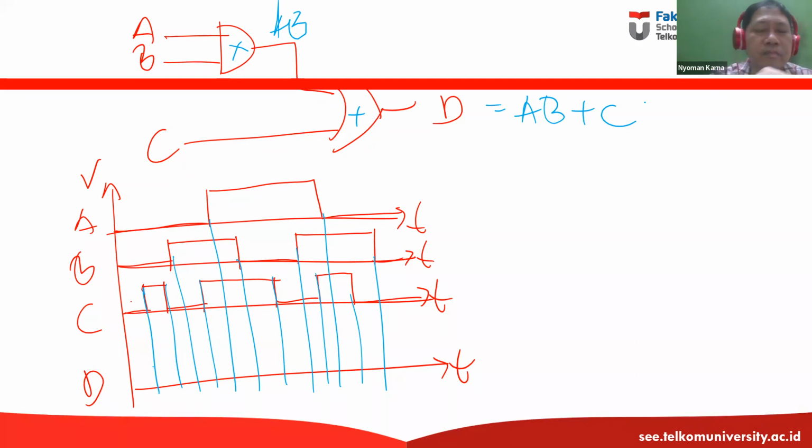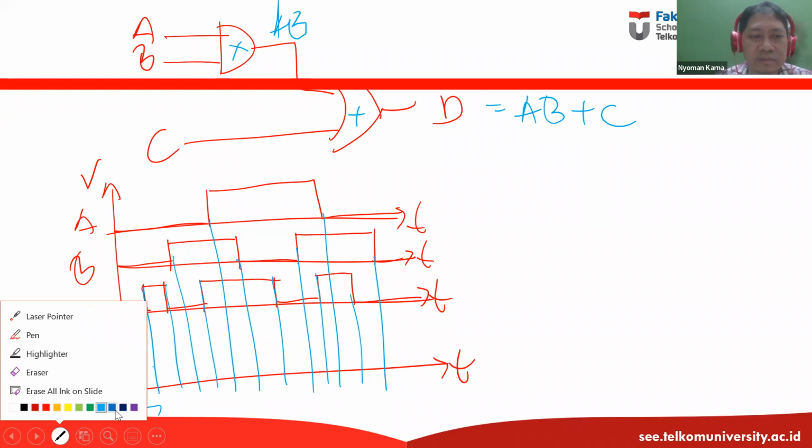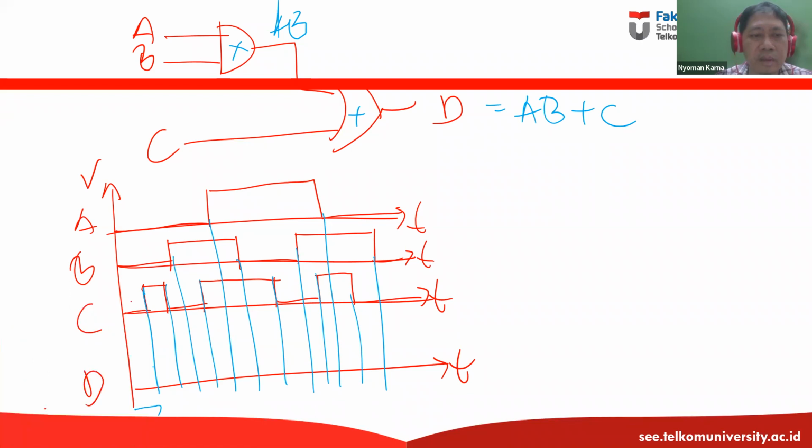Now, this is the part where the input is A 0, B 0, and C also 0. 0, 0, 0, that means 0 times 0 plus 0 is 0. Now is 0, 0, 1.